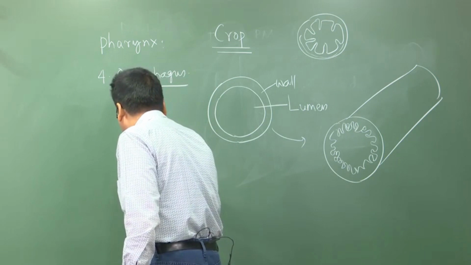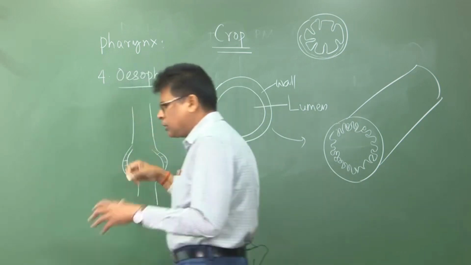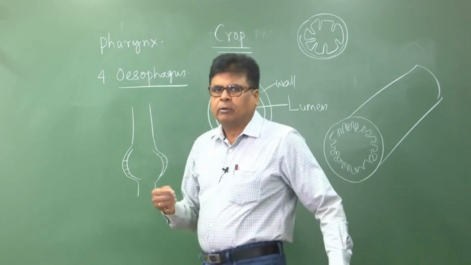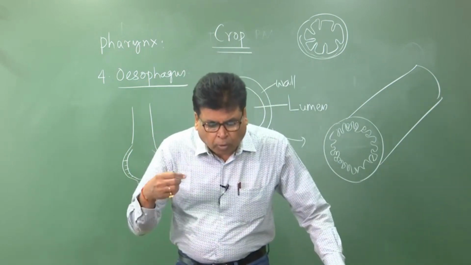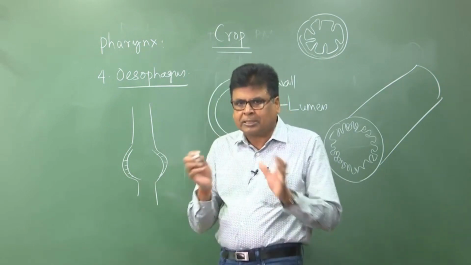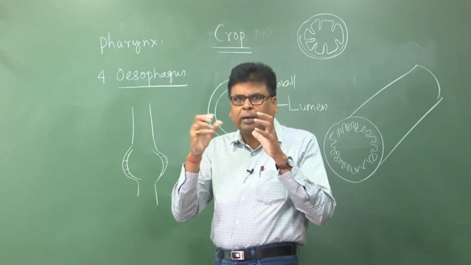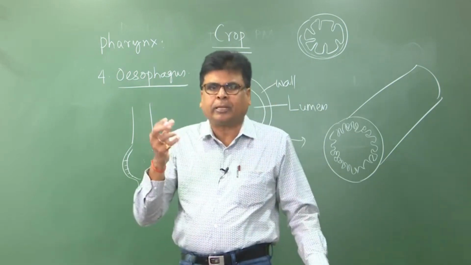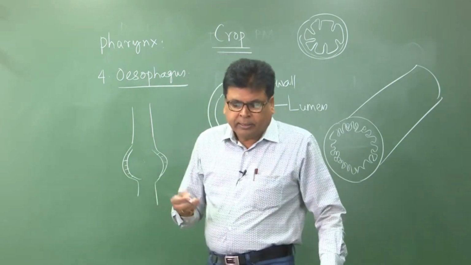This is the wall of the crop, and this wall is known as cytogenic. The meaning of cytogenic is proliferating fatty cells, that means the cells divide through mitosis and produce a large number of cells, and these cells are fatty in nature. They produce fat and discharge it into the lumen of the crop.